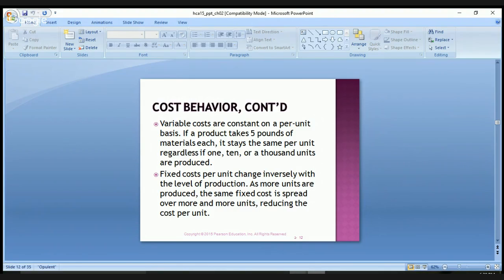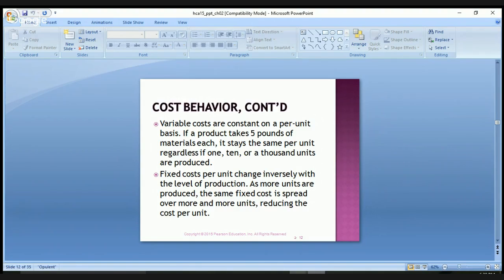So if I have rent of, say, $5,000 per month, and I produce 50 vehicles, that's $100 per vehicle, right? But if I have rent of $5,000 and I produce 500 vehicles, then it's $10 a vehicle.